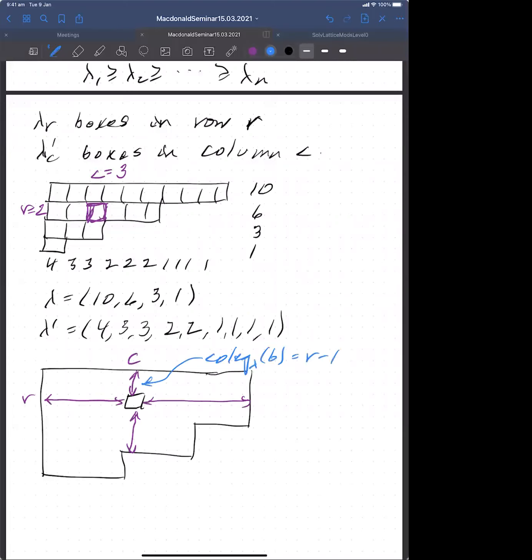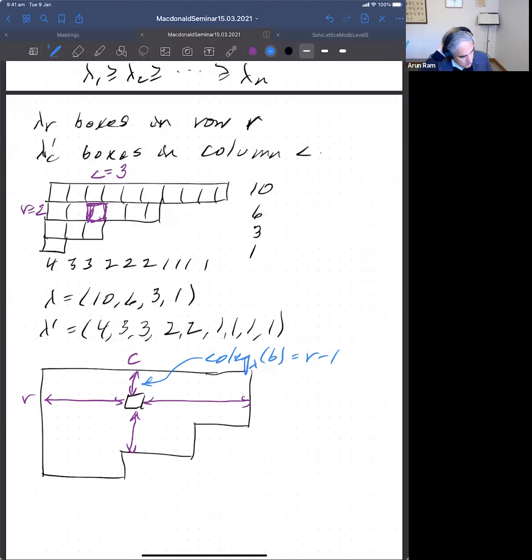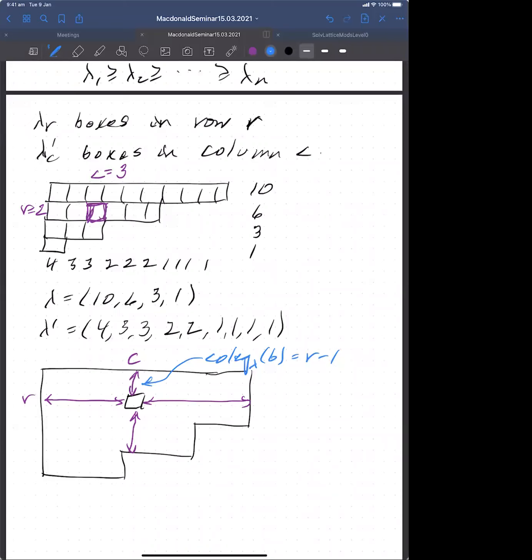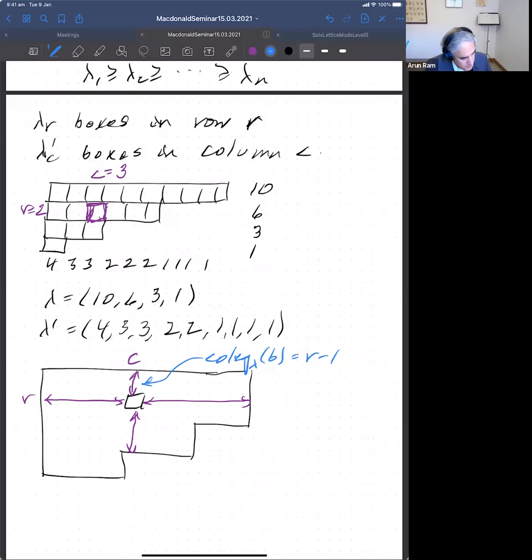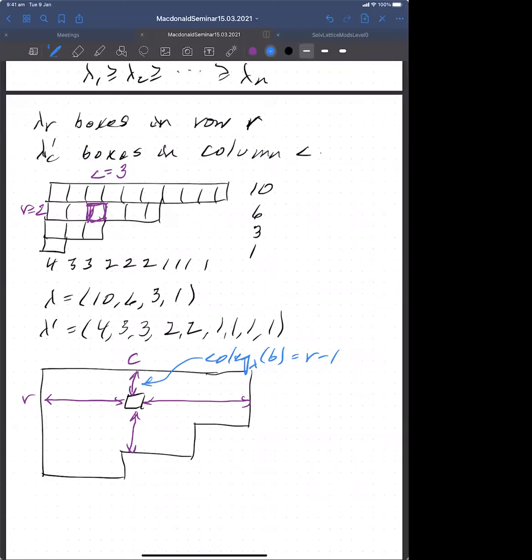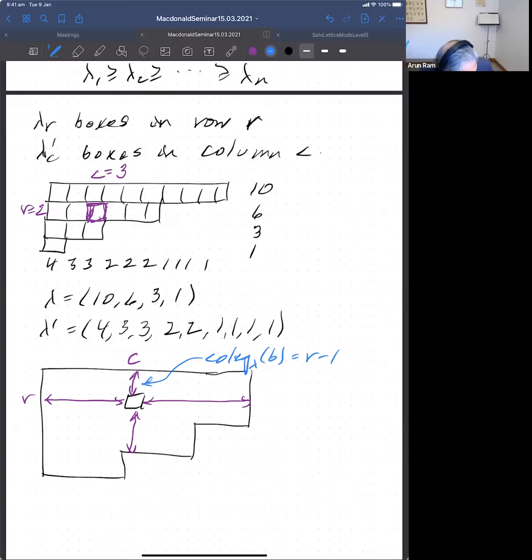Other way around, right? Yeah. C should be R and R should be C. Why? R is the row. Where should it be switched? Oh, no, fine. Sorry. Go ahead. Yeah. Okay. And this one is the co-arm. So this length is the co-arm of B. So this is C minus 1.